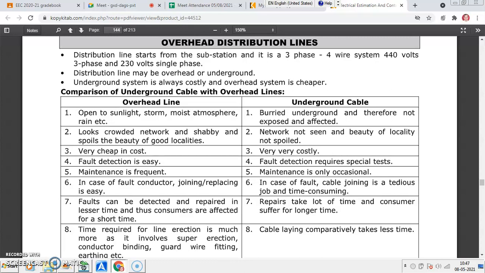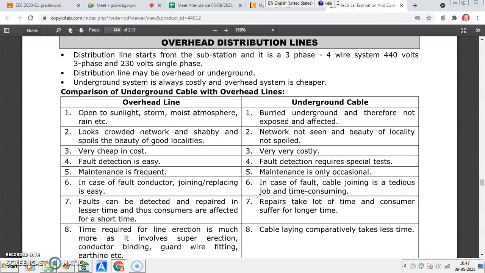It is said over here very cheap, but that means compared to underground. Compared to the underground system of distribution, it is cheap. We cannot say it is costless, but it is cheap compared to underground.